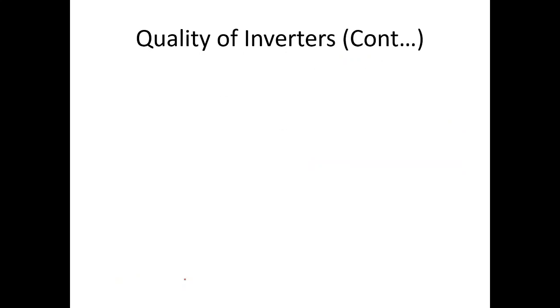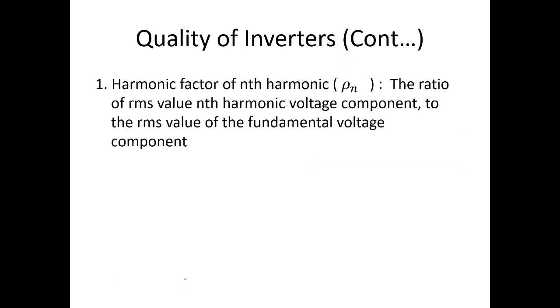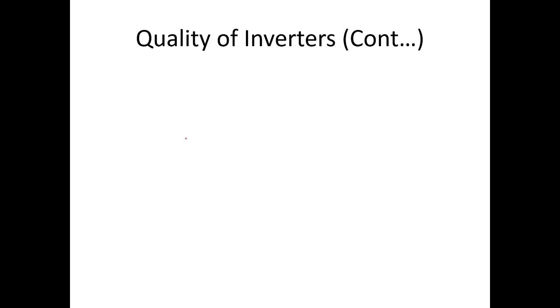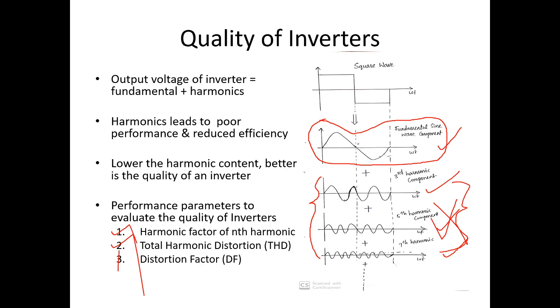First one, harmonic factor. Harmonic factor is the ratio of RMS value of the nth harmonic voltage component to the RMS value of the fundamental voltage component. For example, if you know the fundamental component peak value Vm1, then Vm1 by root 2 is the RMS value of the fundamental component.